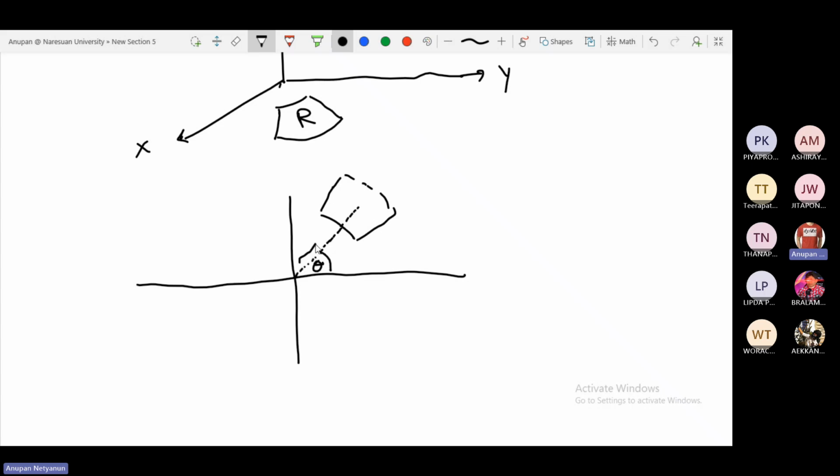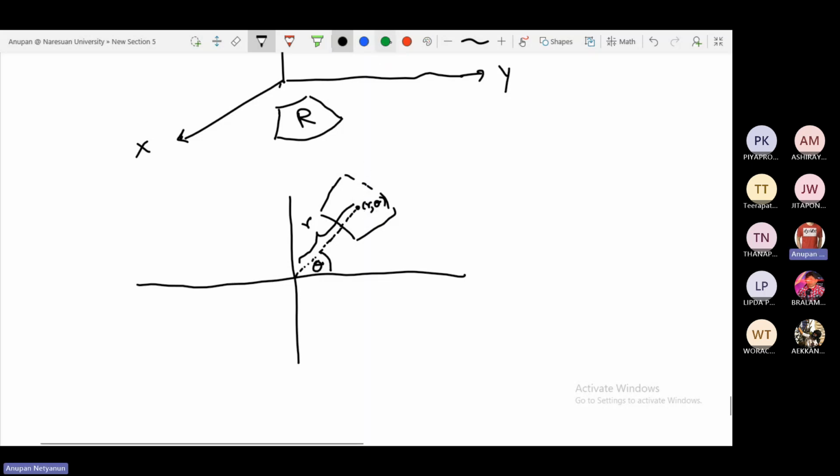Let me walk on this line r units, so this point is at (r, theta).